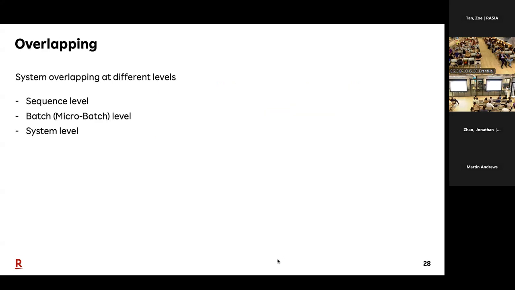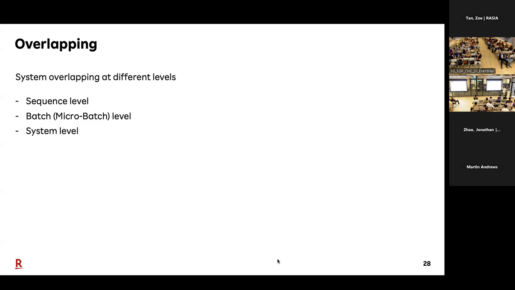And then there are some overlappings at different levels. We have the sequence level, like the batch level. You might have multiple batches to be processed in your system, so that to hide the latency of communication between devices.